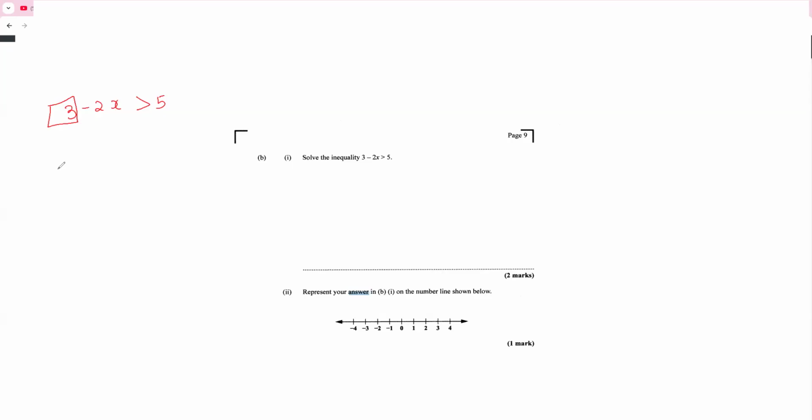So let's start with the 3. You carry across everything. And once you cross the equal sign, you do the opposite operation. Remember, this negative sign belongs to the 2x. So this was actually added, so when it goes across, it becomes minus.